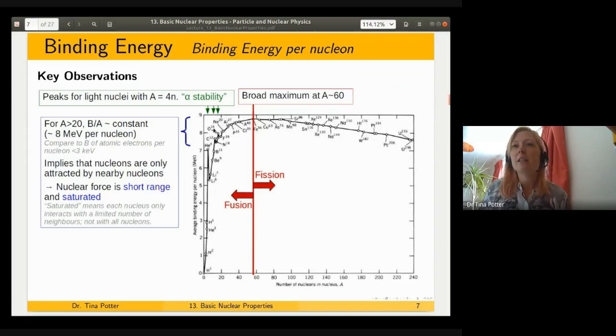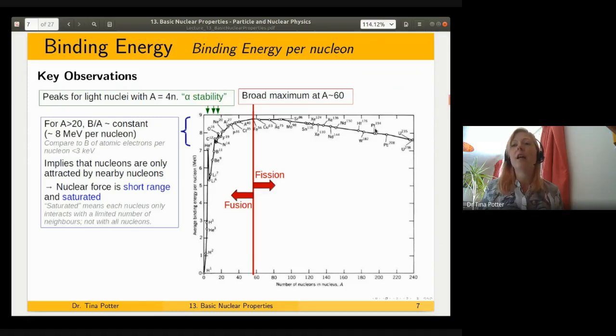And finally, the last thing I'd like to point out about this plot is that there's a rough maximum at 60 nucleons here. The binding energy per nucleon rises to about 60. So this is a very tightly bound state around iron here, and then tends to drop off very slightly for the more heavy ones. So that means that to the right of this broad maximum, we are going to have fission.